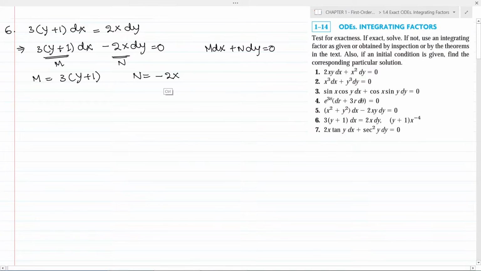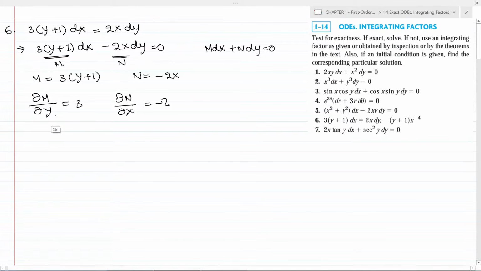We will check the exactness of this equation. We can see del M by del y equals, the 3y term can be differentiated and the result will be 3, and 3 can be differentiated with respect to y to get 0. So, del M by del y equals 3, and del N by del x, if we differentiate with respect to x, we get minus 2.